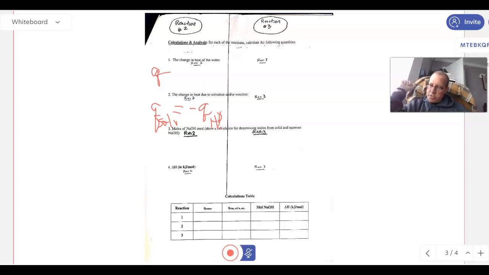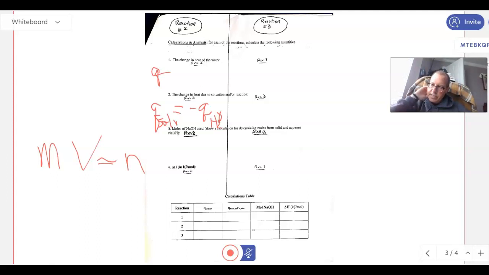Now, number 3, this is where you're going to have to get the moles. You will do the molarity times volume, and that will get you moles. After you do that, write down the appropriate moles there.